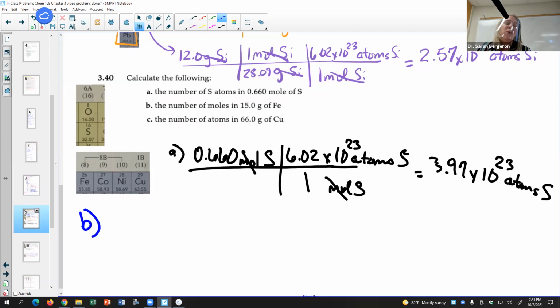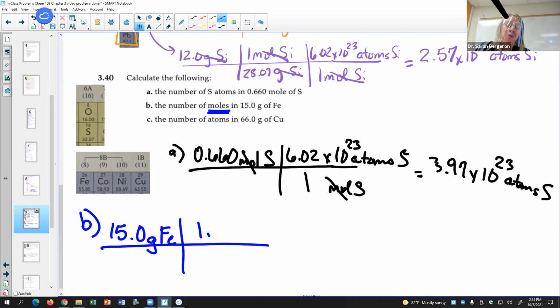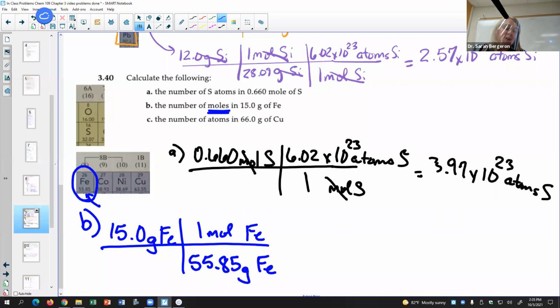B, the number of moles in 15 grams of iron. So in this case, we're starting with 15 grams of iron and we want to go to moles. Can we convert straight from grams to moles? I know in 1 mole of iron, I look at my periodic table, I know I have how many grams? 55.85 grams of iron.